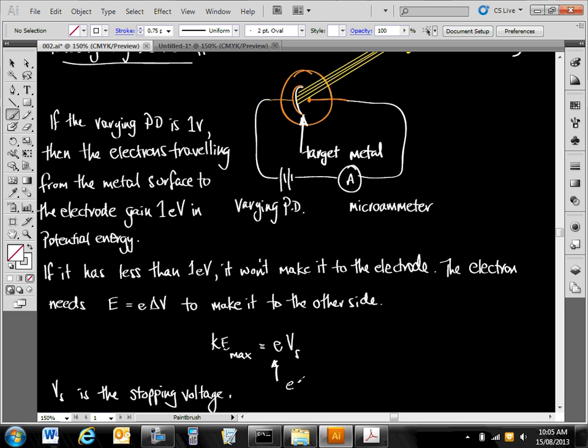That's the electron charge, or 1.6 × 10^-19 coulombs. And can anybody remember? Oh, it's written right here. This is a stopping voltage. Can anybody describe for me what the stopping voltage means?